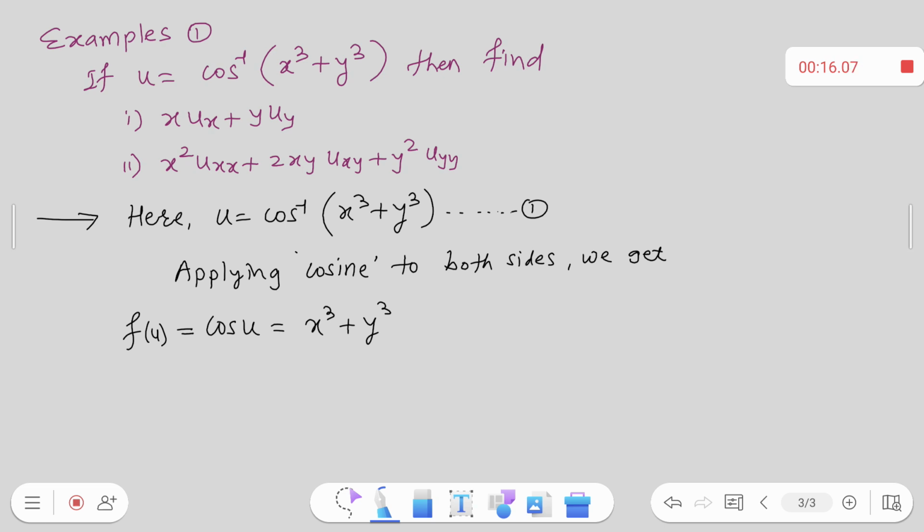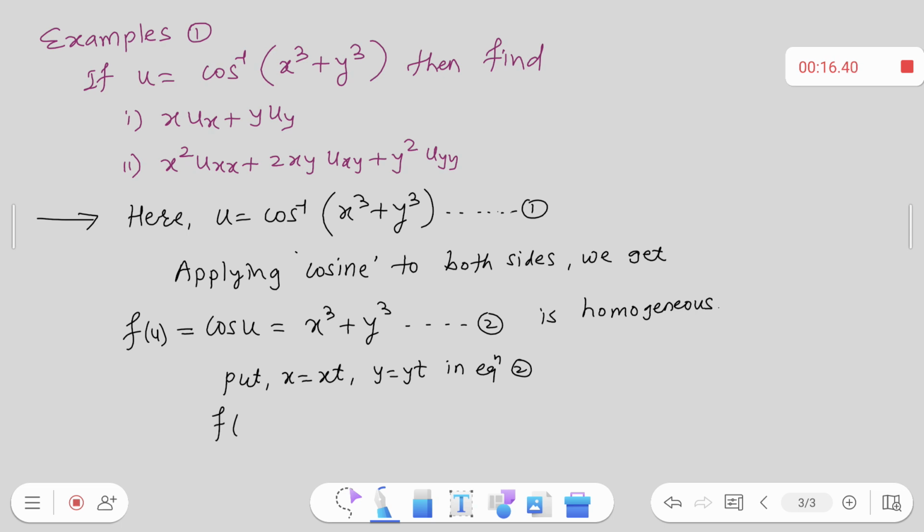Means f of u is algebraic. Initially u is not algebraic, but f of u is algebraic. Let us assume it as equation number 2. Now it is homogeneous, and now we find the degree. Put x is equal to xt, y is equal to yt in equation 2.